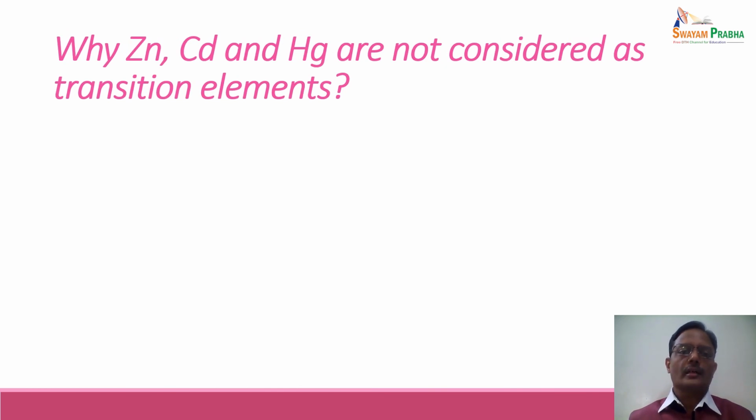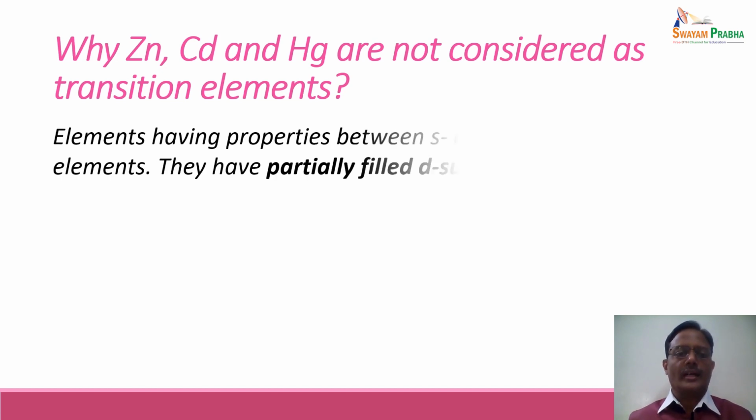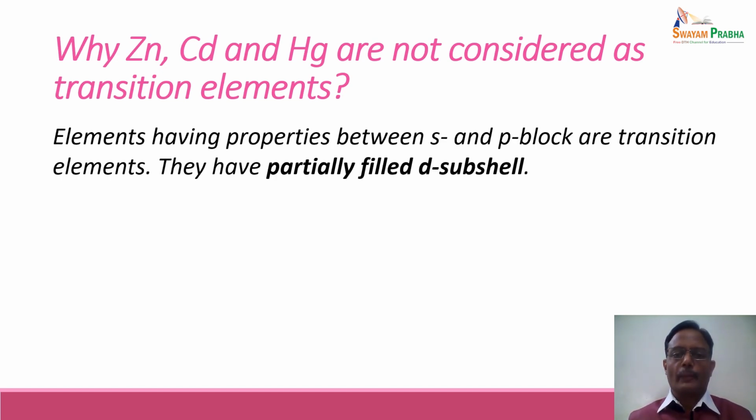Why are zinc, cadmium and mercury not considered as transition elements? We know that transition elements are the elements placed at the center of the periodic table and having properties intermediate between the s block elements, which are present on the extreme left hand side, and the p block elements, which are present on the extreme right hand side. So elements having properties between s block and p block elements are called transition elements, and they have a partially filled d subshell.